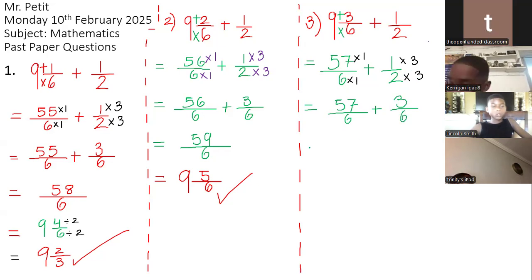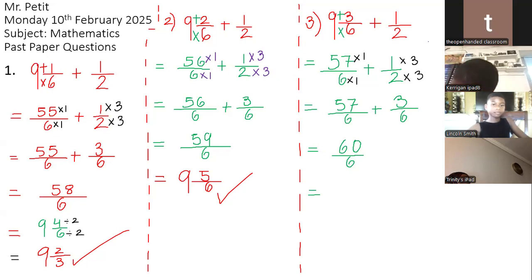Next, we can only add the numerators, right? So 57 plus 3 is going to be 60. So it's 60 over 6. And 60 divided by 6 is what? Let's go ahead and divide it.